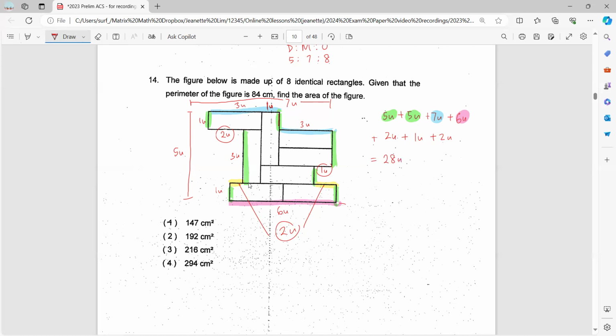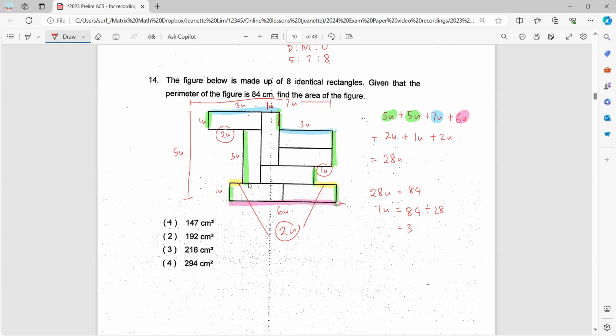Yes, 28 units. So 28 units is 84 cm. 1 unit is 84 divided by 28, which is 3. Find the area of the figure. Just find the area of one rectangle and then we multiply.